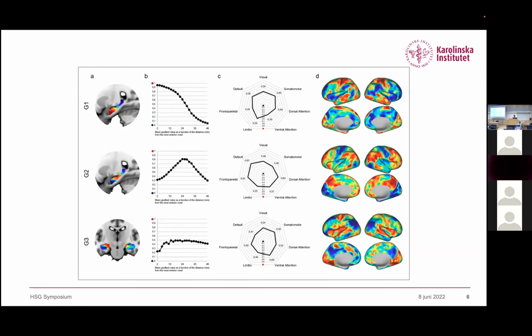And then the third order gradient, in contrast, showing a medial lateral pattern and not very much variation along the longitudinal axis. And I'm going to say a few words on the effect of age on these gradients, but then I'm going to mainly focus on the first principal anterior-posterior gradient.